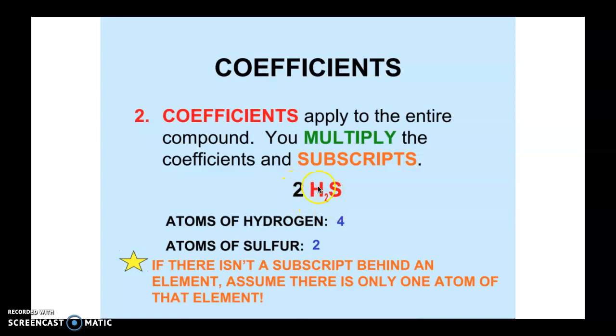I had 2 hydrogen already in every molecule, and I have 2 of these molecules, so 2 times 2 gives me 4 total hydrogen. And with the sulfur, I'm assuming there's just 1 since I don't see a subscript, so I'd multiply 2 times 1, and I'd get 2 total sulfurs. Again, anytime there isn't a subscript behind an element, there's only 1 atom of that.